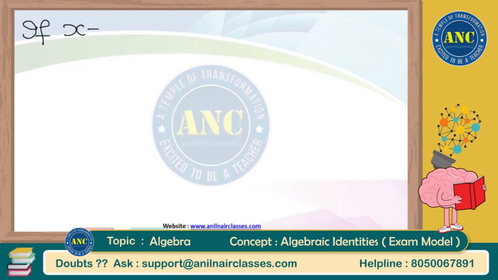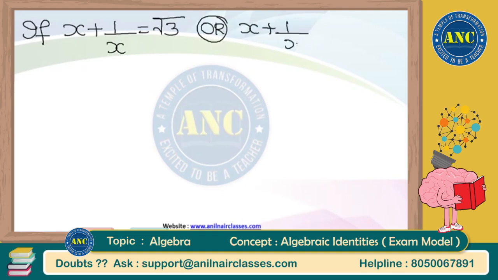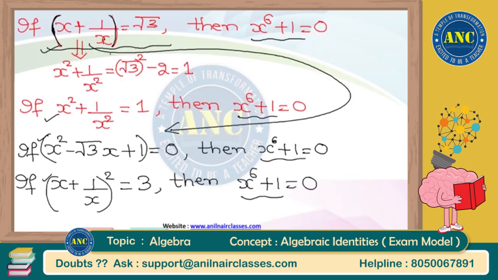If x plus 1 by x is equal to root 3, this is one of the ways of expressing it, or I can also write it as x plus 1 by x whole square is equal to 3. I am still in the if condition, sir. What else can I write?